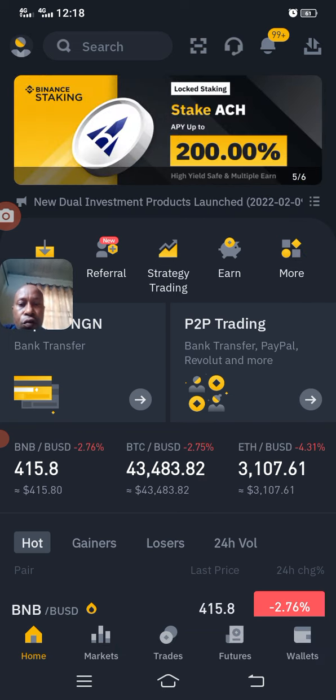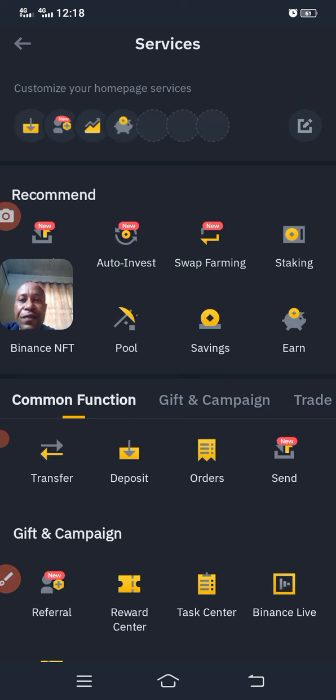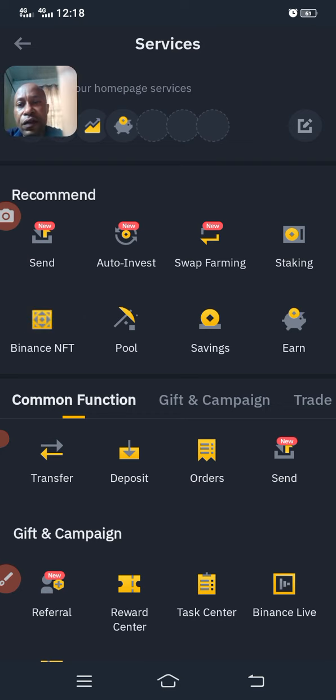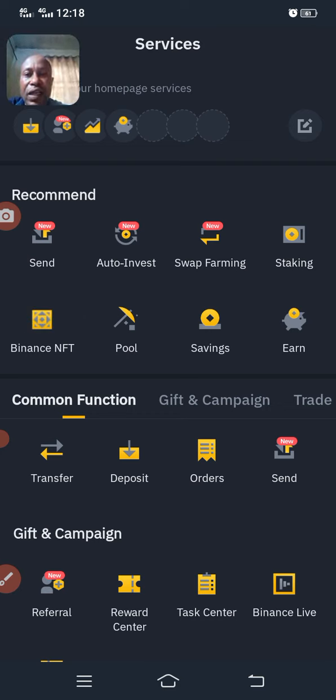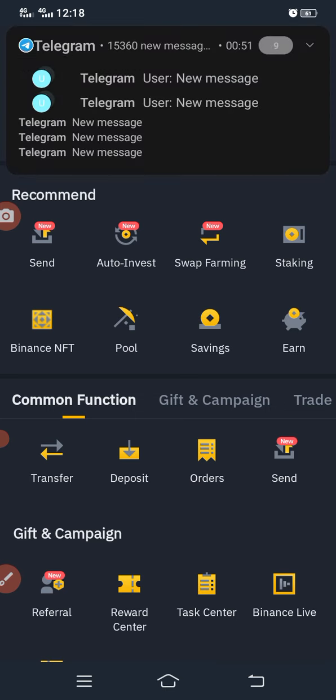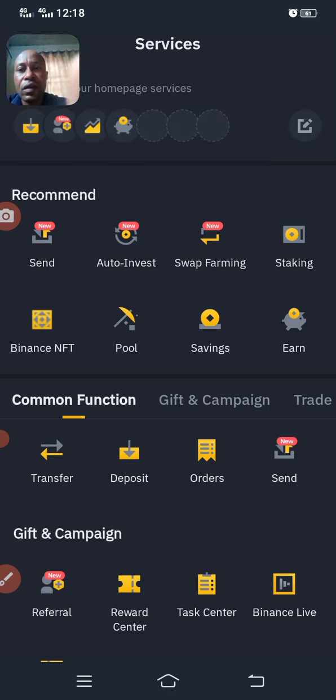Then all you need to do is to click on more. Once you click on more, you will see other services that Binance renders. Let's take, for instance, new things that Binance has added in their platform. We have send. We have auto invest.